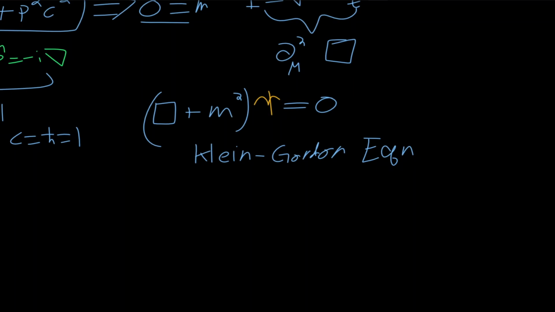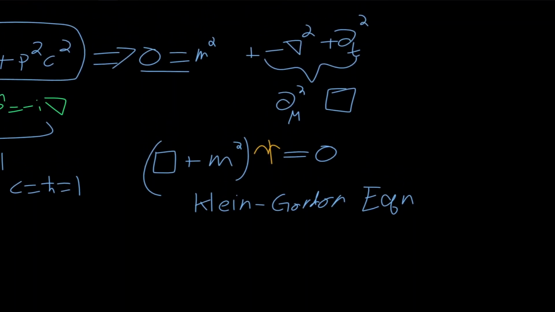So we see here that we have a bunch of squared terms. Even though this operator, the D'Alembertian, the little box, is just a box, it has a bunch of terms that are actually squared in it.